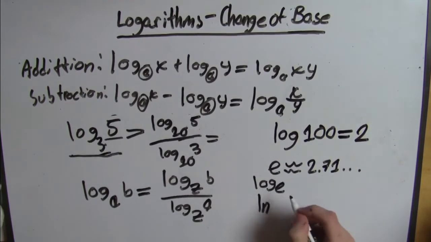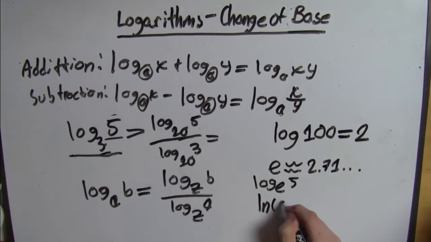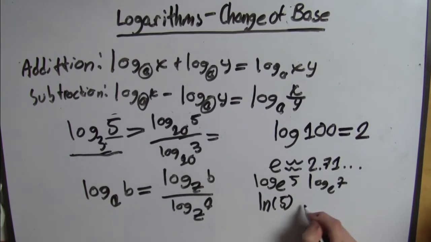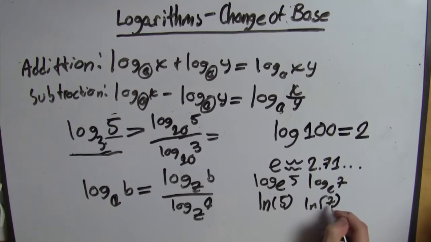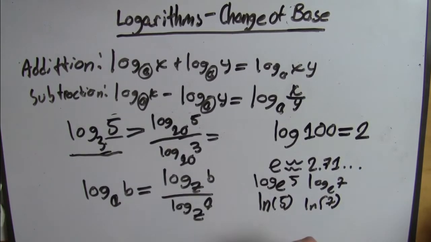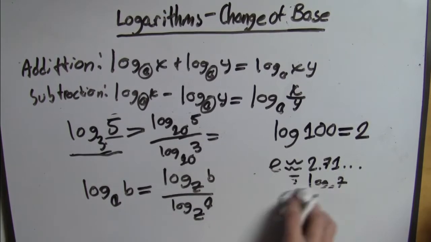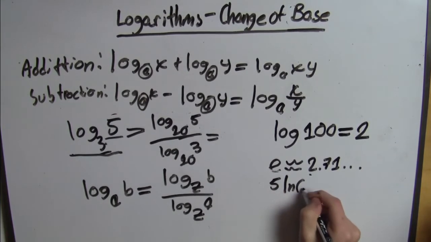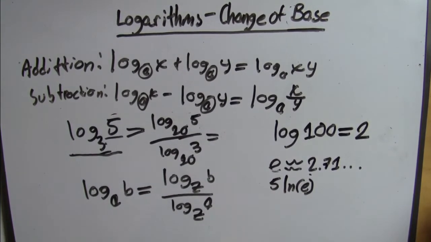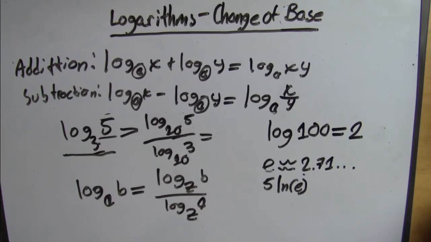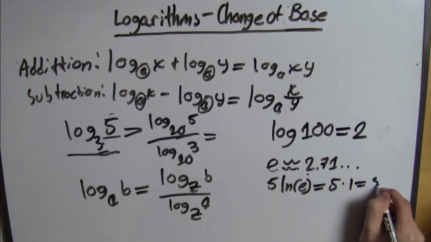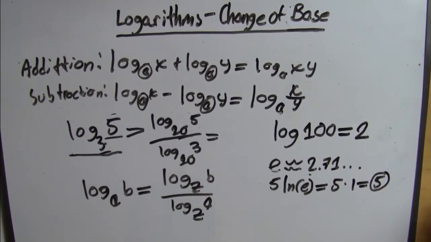So we'd write log base e of 5 as ln of 5, right? Log base e of 7 as ln of 7, right? If I wanted to solve a problem like this, I'd say, what is 5 times ln of e, right? Well, what power do I have to raise e to get e? 1. So my answer would be 5 times 1, or just 5, right?